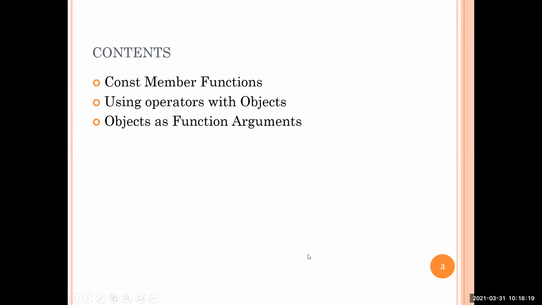So let's start with the first bullet, which is a fairly simple concept, but let's discuss it for completeness: the constant keyword. In your previous experience, you must have seen this with data types.